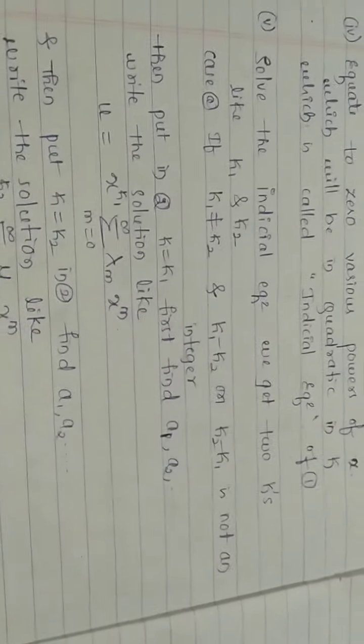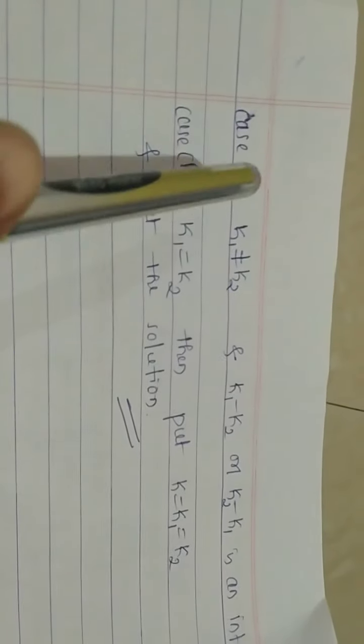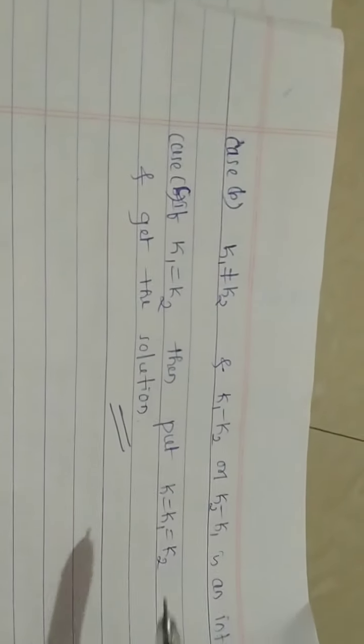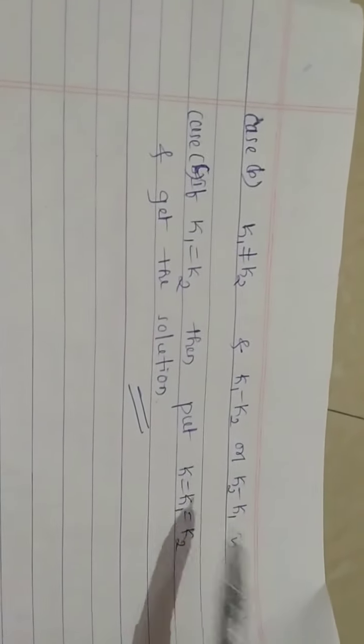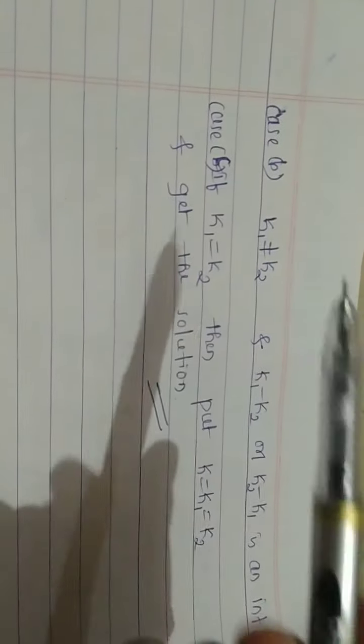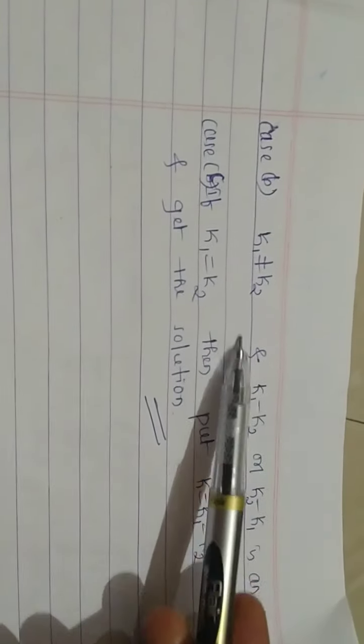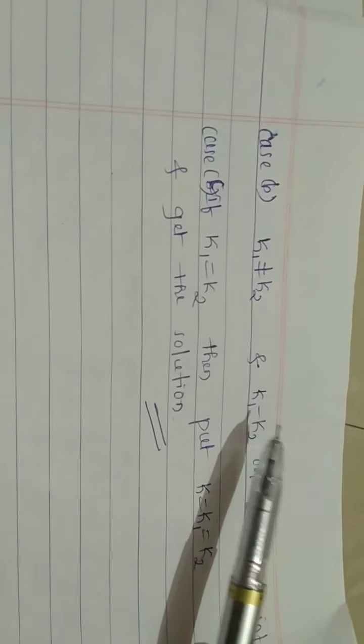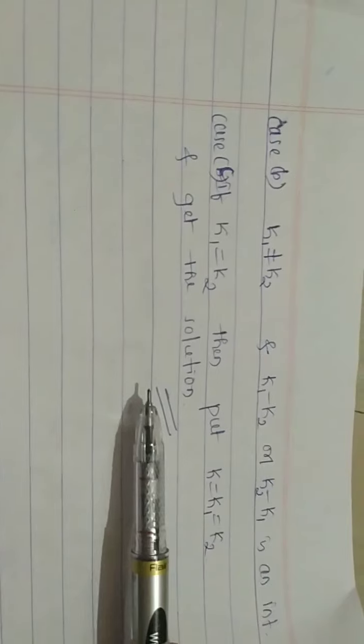So what is my case B? Case B is whenever k1 is not equal to k2 and k1 minus k2 or k2 minus k1 is an integer. That is my case B. Whenever we have these values, we can easily substitute in equation number 2 and we can get the solution. So what is my case C?